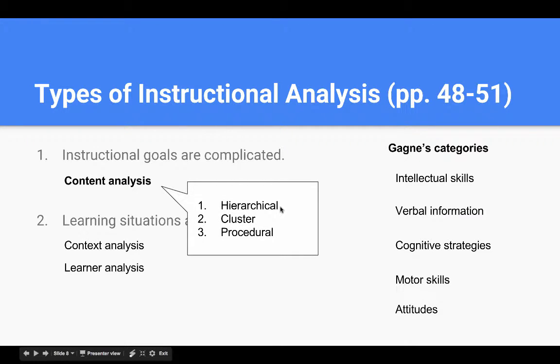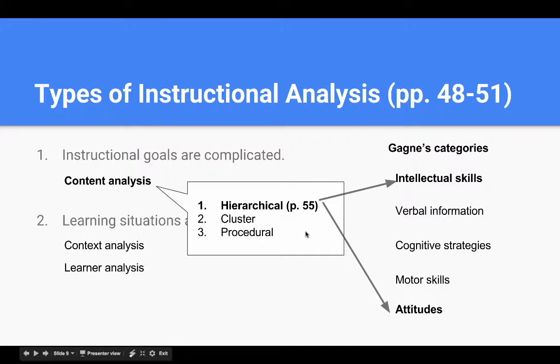Hierarchical analysis is very common in content analysis because it focuses on intellectual skills and also learner attitudes. And most learning requires the development of intellectual skills. The product of hierarchical analysis is often a learning map.